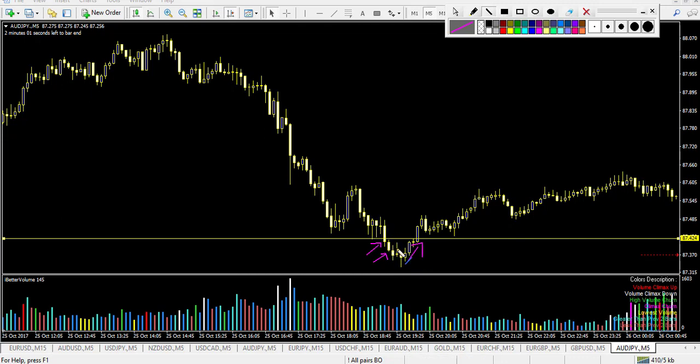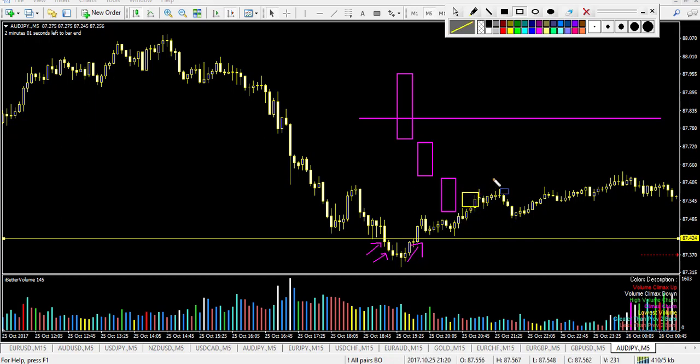Actually, you want to have, for example, let's say my level is here, for the sake of the example, a good strong candle breaking in the downside direction, followed by another one, okay? And when the price goes up, you will have little candles, not as strong as the movement going down.